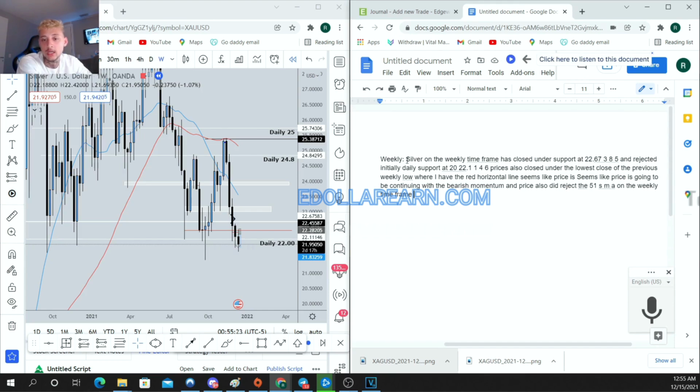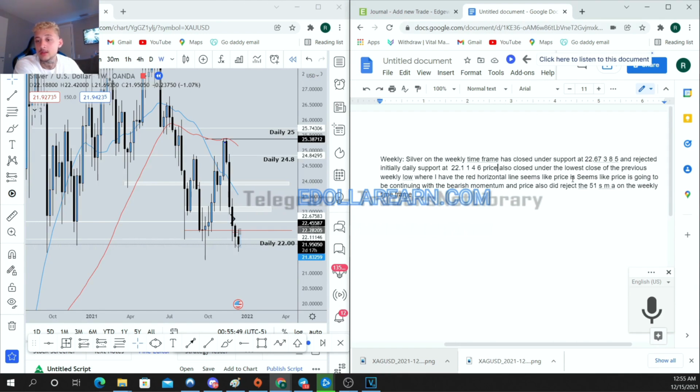So just a quick skim over it, make sure everything is good. Silver on the weekly time frame has closed under support at 22.67385 and rejected initial daily support at 22.1146. Price also closed under the lowest close of the previous weekly low, where I have the red horizontal line.